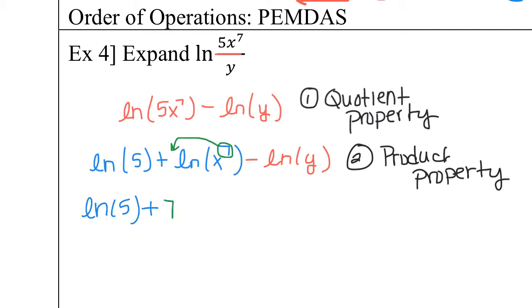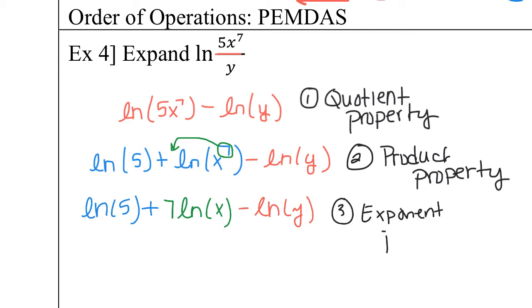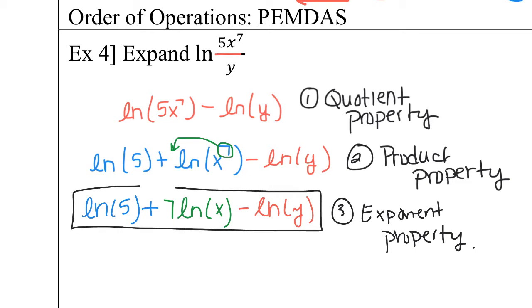So it's going to be 7 natural log of x. And again, the minus natural log of y will tag along. So this is using the exponent property, or power. Now that we have a single argument inside each natural log, this is expanded as far as you are going to get.